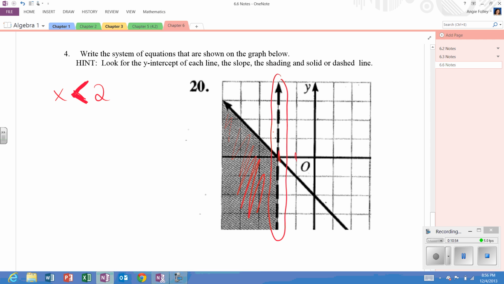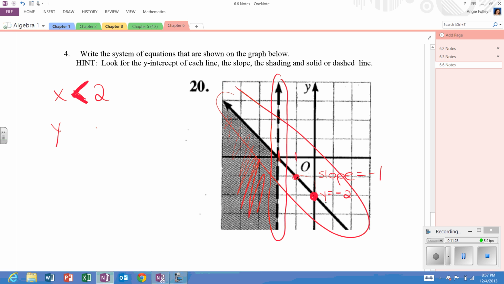For our second equation, we're going to find the intercept. Look right here, the intercept is at y equals -2. My slope is up 1 over 1, so it is up 1 to the left 1. So my slope is -1. I'm going to write y, and I'm not going to fill in which inequality sign yet.